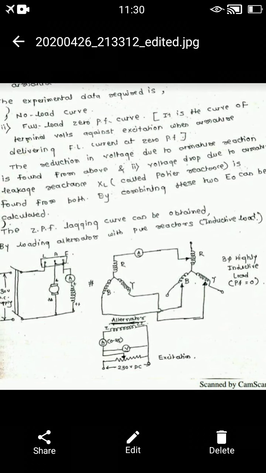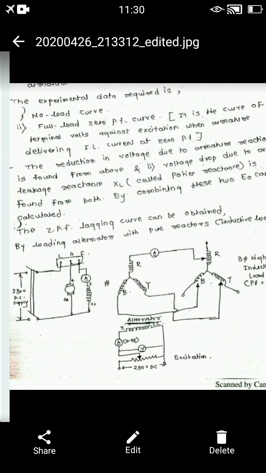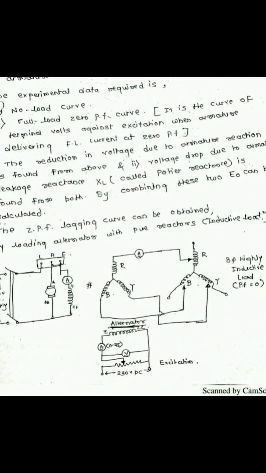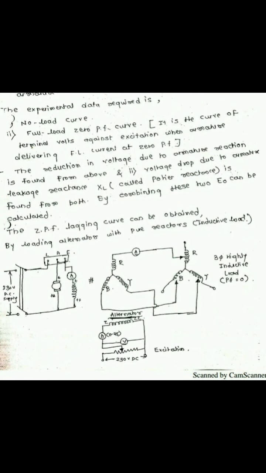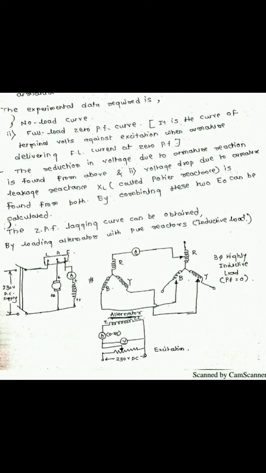The reduction in voltage due to armature reaction is found from the above, and the voltage drop due to the armature leakage reactance XL, called the Potier reactance, is found from both. By combining these two, E can be calculated. The ZPF lagging curve can be obtained by loading the alternator with pure reactors, that is inductive load.